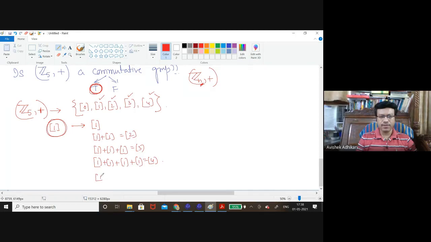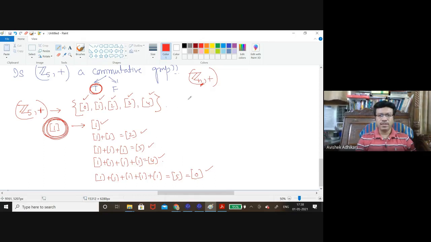Let's check. If I add 1 plus 1 plus 1 plus 1 plus 1, 5 times, that becomes 5. And as you remember, 5 means 5 modulo 5, that means the remainder after division by 5, it becomes 0. So again, I get this element. So this one has a special property that it is capable of generating all the remaining elements of the group.